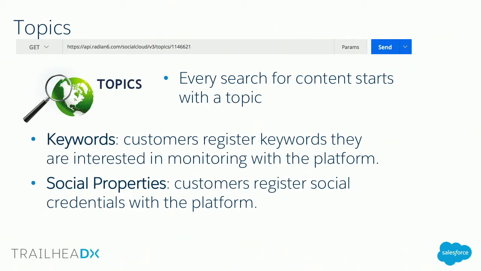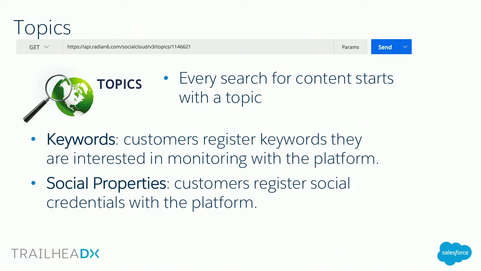So topics, you can see an API call up here to get one. So topics is the resource collection, and that ID is the topic I've created for this demo. So basically, everything in our world revolves around a topic. You create a topic to tell us the data to save for you, and you use that same topic to search with.